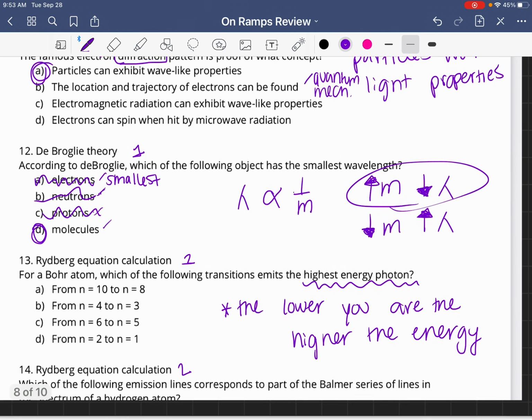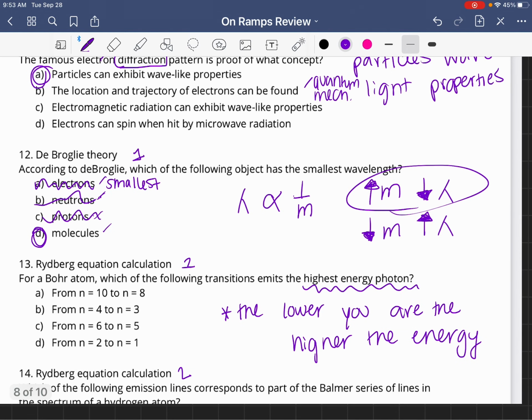Okay? So a transition from 2 to 1 is going to be greater than a transition from 3 to 2.